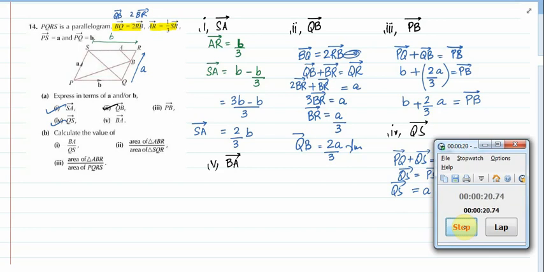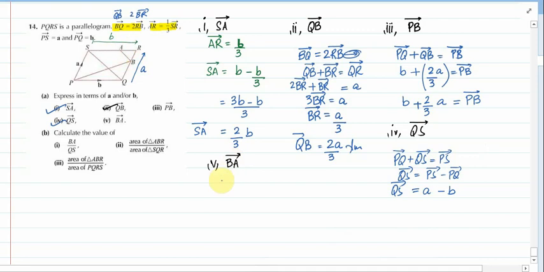The path in this question, it will be BR plus RA is equals to BA, right? BR plus RA is equals to BA.